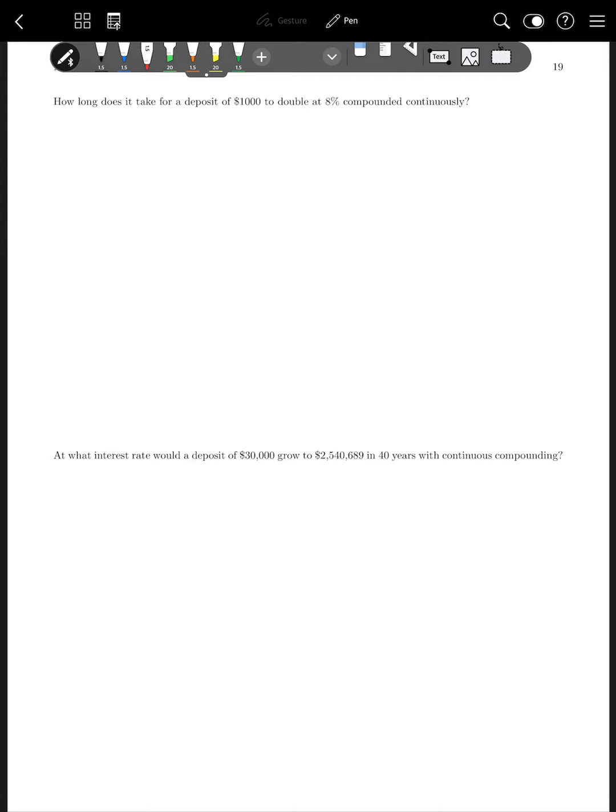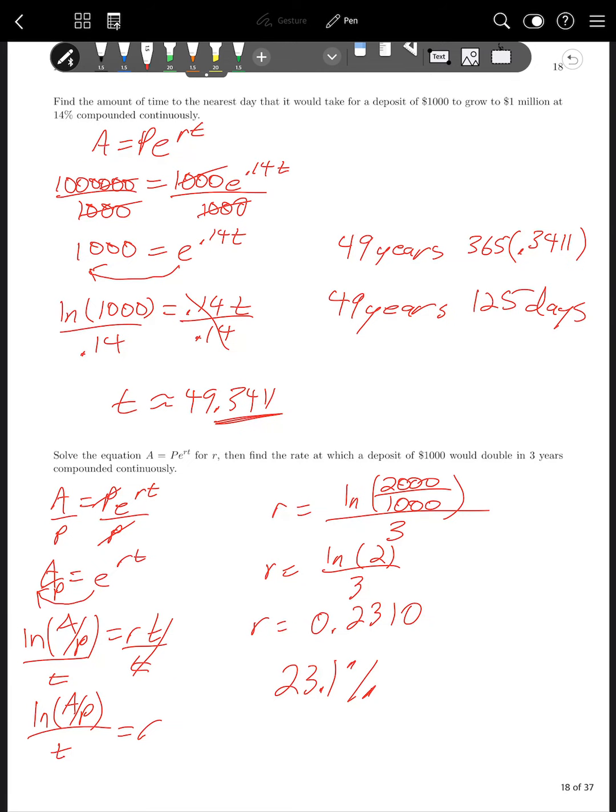Okay, so now that you've had a chance to try these, let's go and talk about them. The first thing you should know, which might make these a little easier moving forward, is that if we solve this formula for t, it's basically the same equation as before, except in this step we would divide by r.